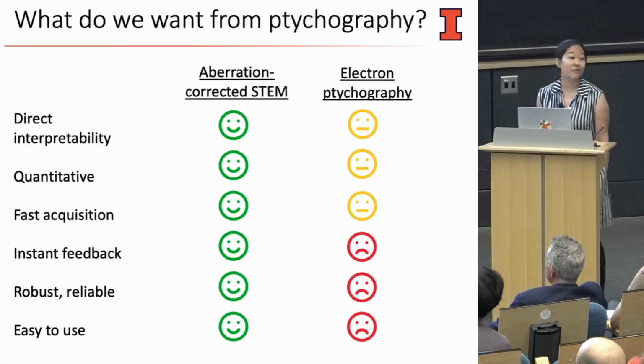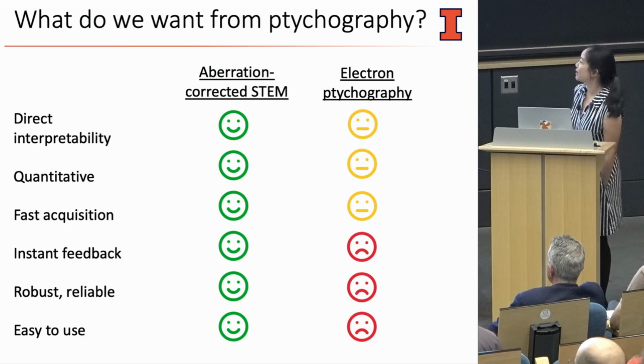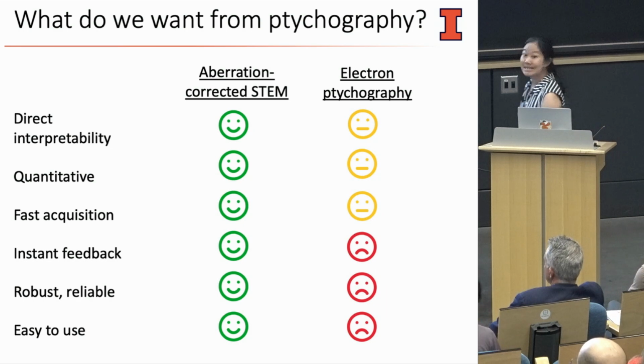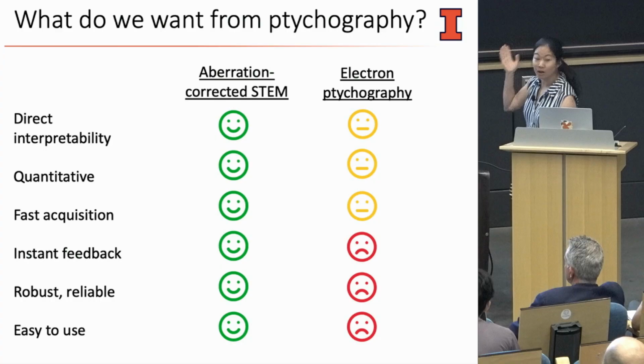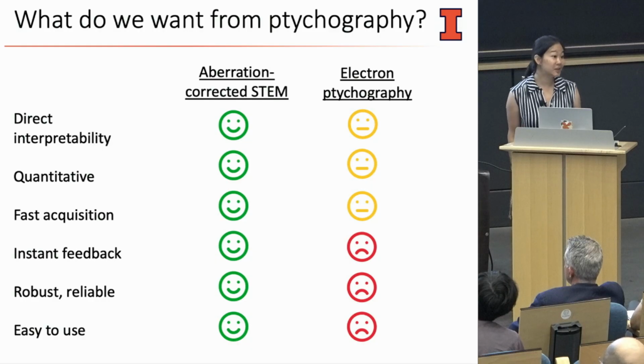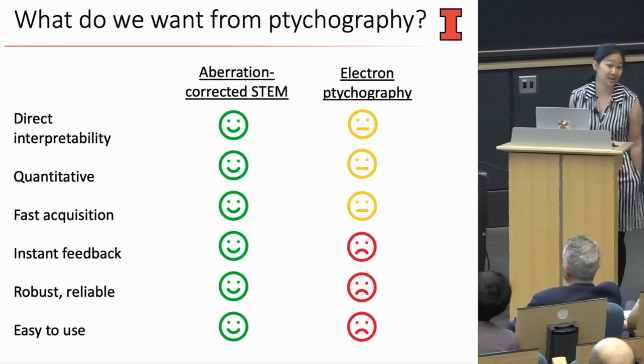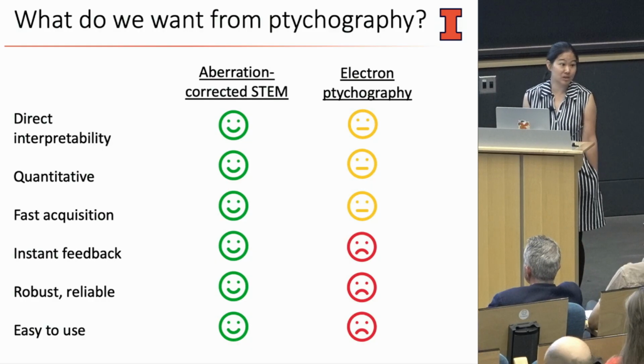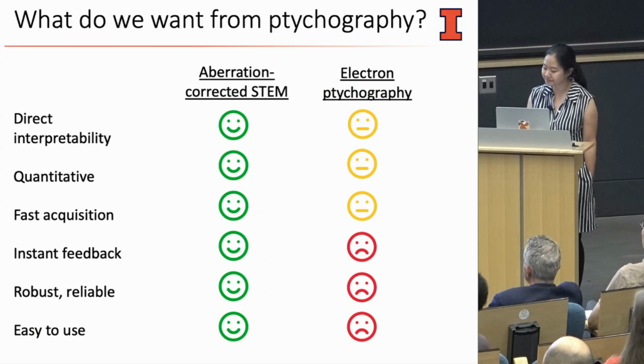These are things that we have always had as electron microscopists, but now in the world of electron ptychography, we don't have or are not sure whether we have. And there are other problems like the speed it takes to acquire data and the fact that we don't get instant feedback when you use these iterative methods. I told you we're often running reconstructions for hours or more.